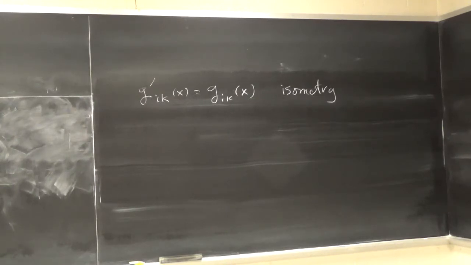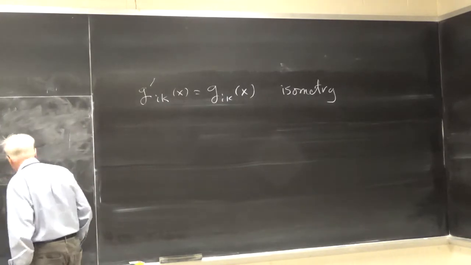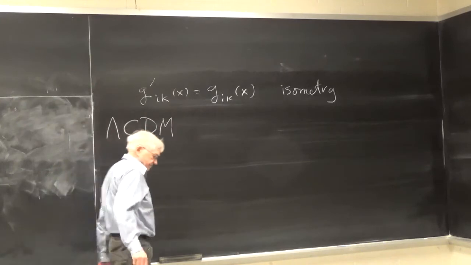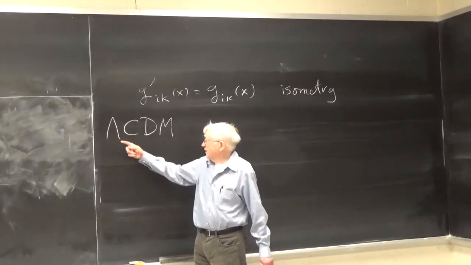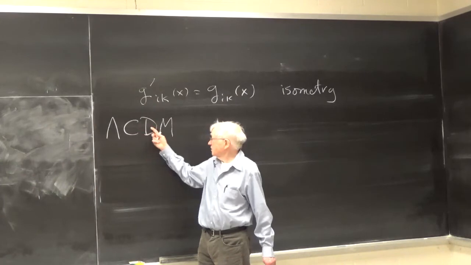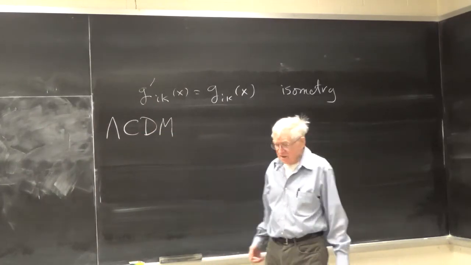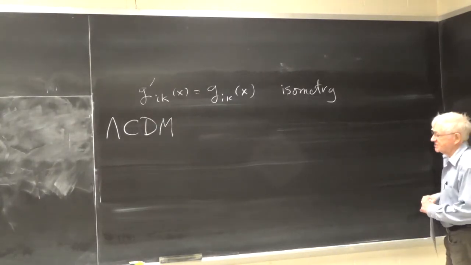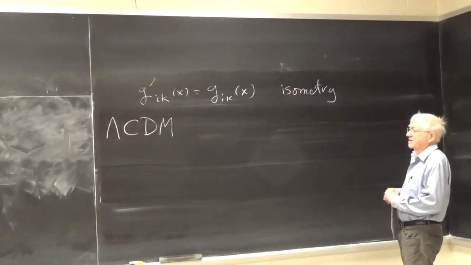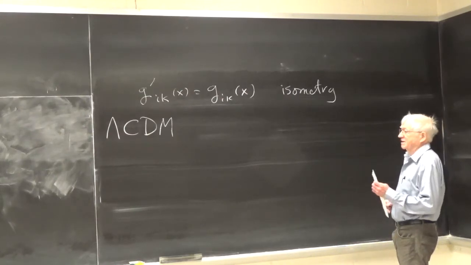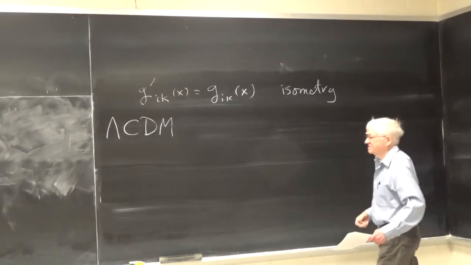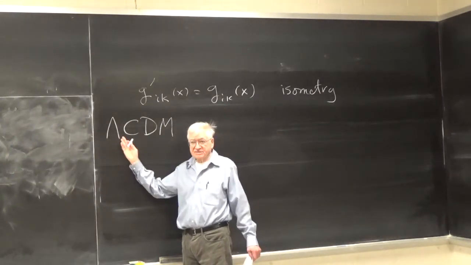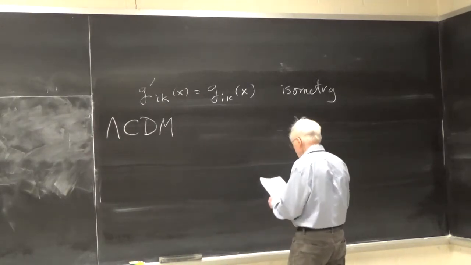in the present standard model of cosmology, which is lambda CDM, or vacuum dark energy, cold dark matter, the space is a maximally symmetric three-space, and then time is a separate variable, and the scale factor depends upon time.